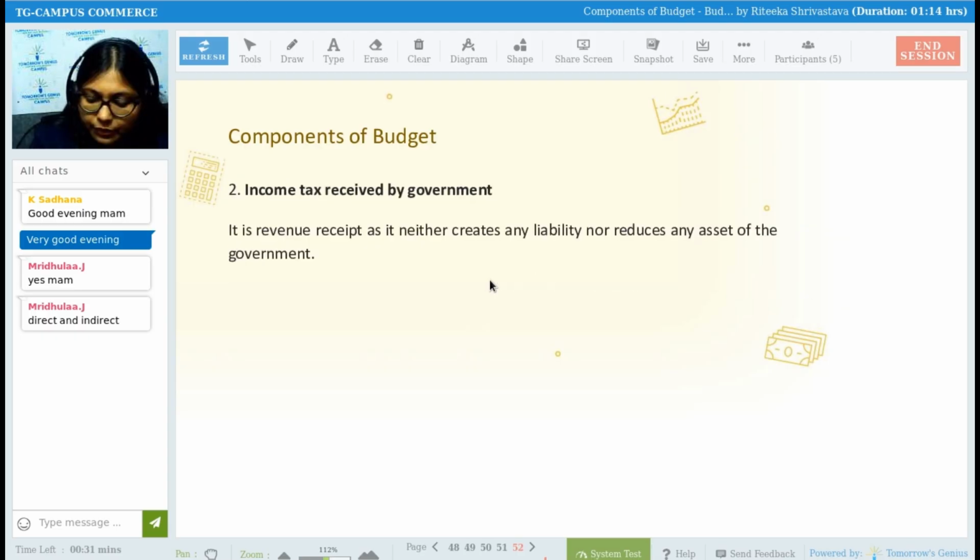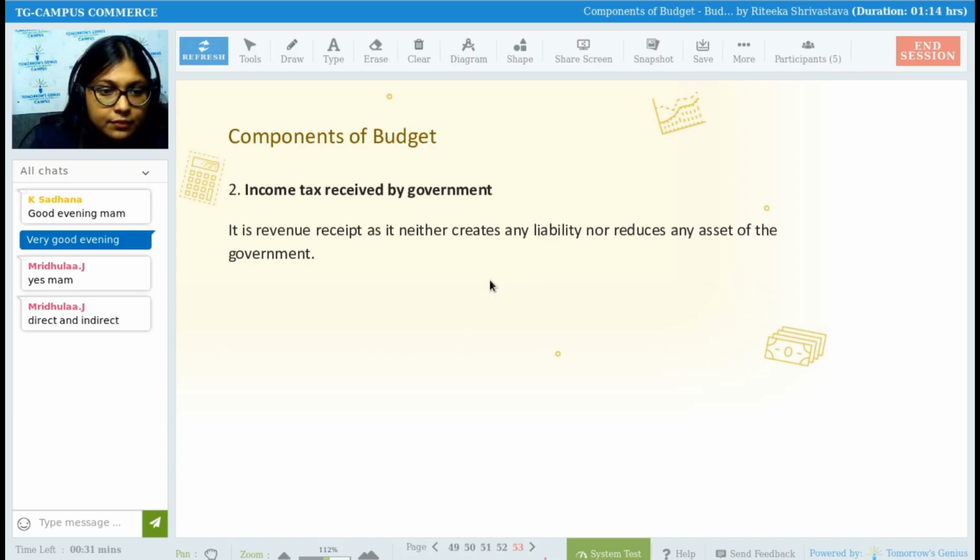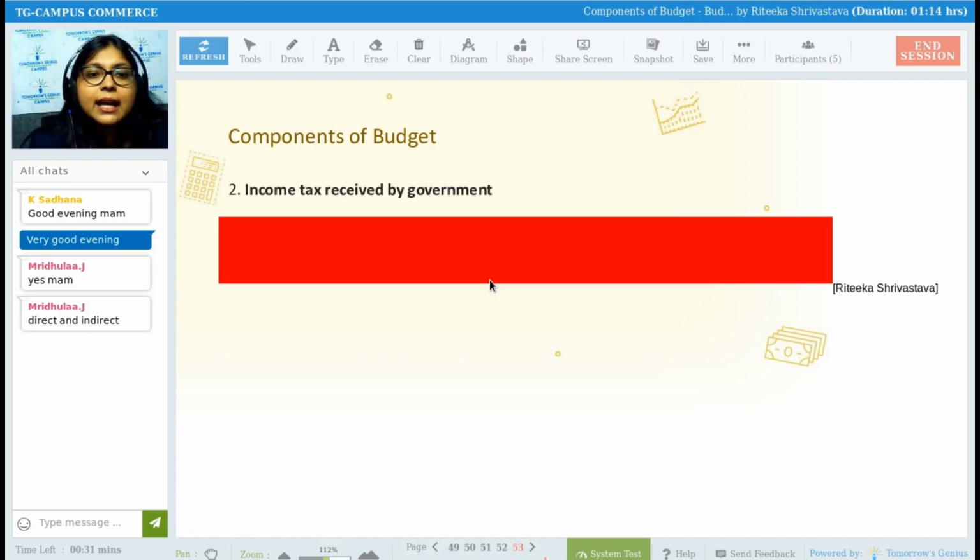Next, you all just look at the question. Income tax received by the government. Is it a revenue receipt or is it a capital receipt?